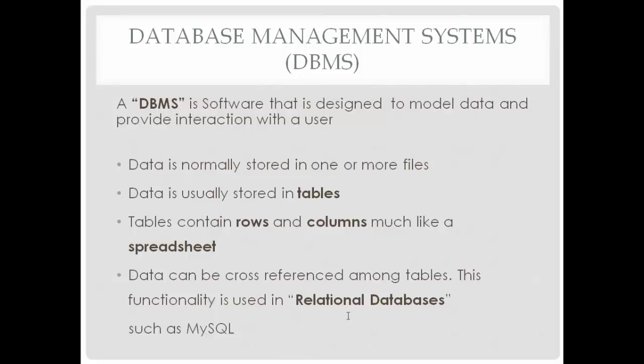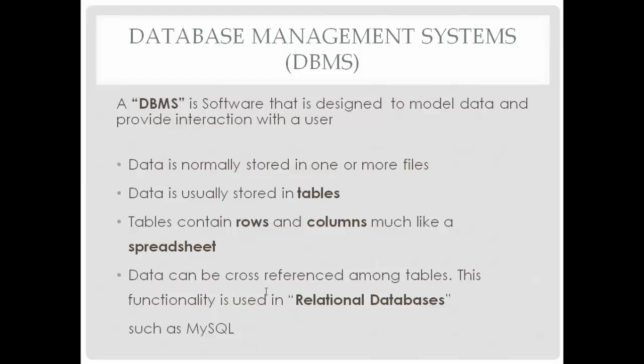These are just some quick facts about DBMSs. Data is usually stored in tables. Alright, so tables contain rows and columns, and this can look much like an Excel spreadsheet or another spreadsheet program, where you have headings, which would be the columns, and then you have rows of data. Alright, and that's looked at as a table.